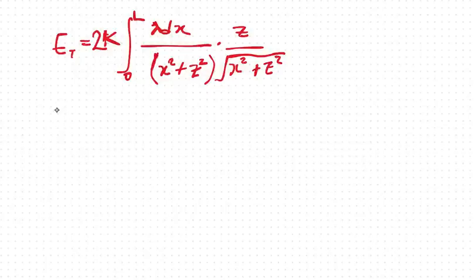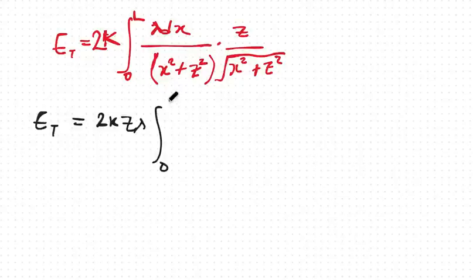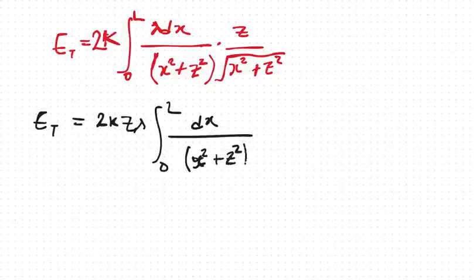Then the electric field E is equal to 2kz lambda, and an integral from 0 to L of dx divided by x squared plus z squared, raised to 1 plus half, that is 3 over 2.